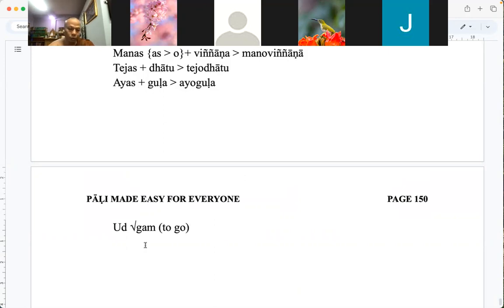Rugan means to go. So the meaning of ut is maybe up. So at that time we have ogam. Ogam means to go up. So generally the meaning of ut is up.